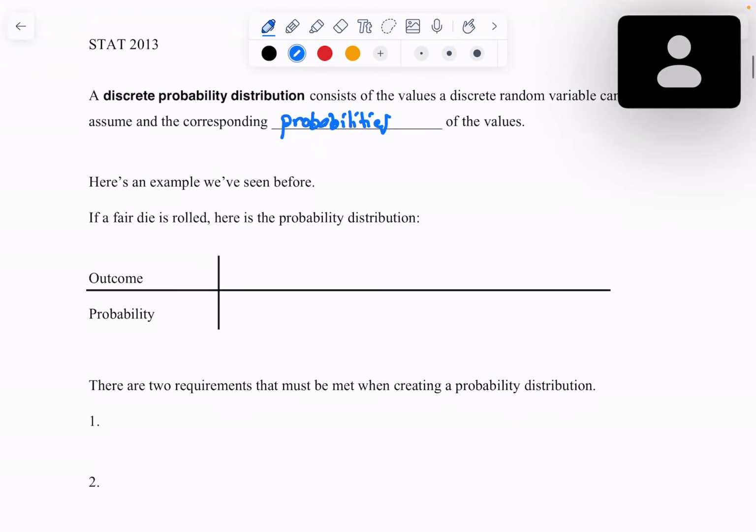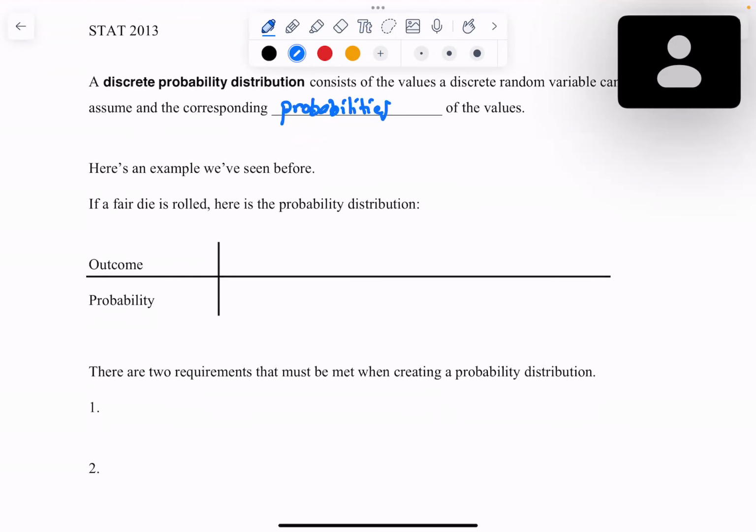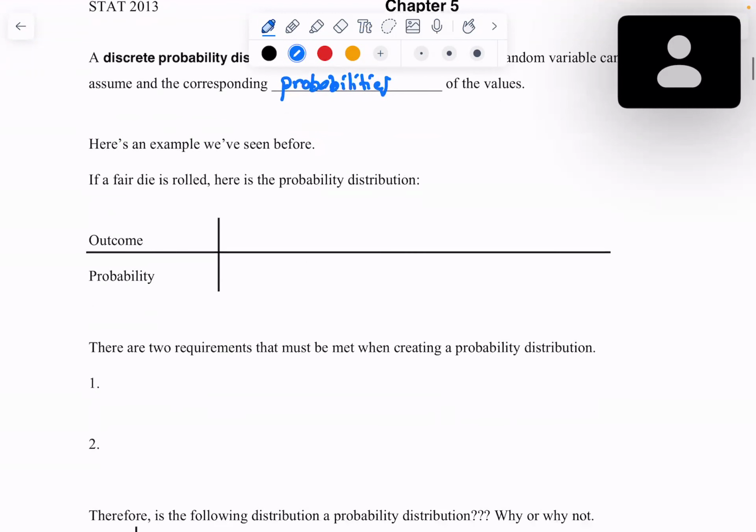So let's look at an example. This says fair die rolled. Here's the probability distribution. At the top, we have the outcome, so this is the possible numbers you could get from the die roll: 1, 2, 3, 4, 5, and 6.